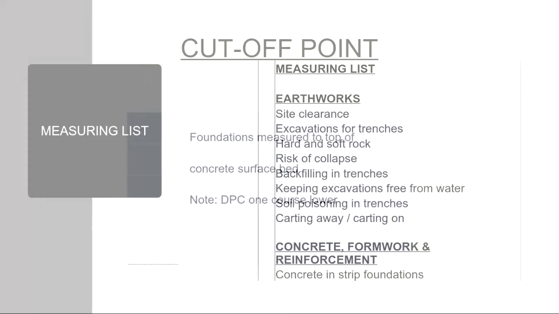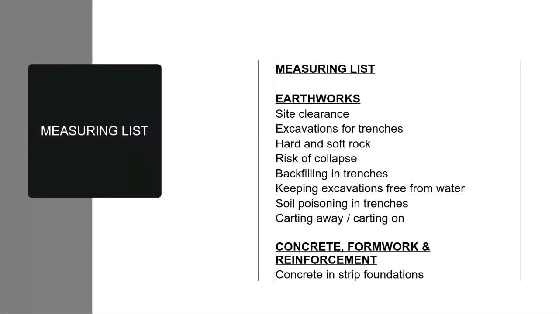Right. The second bit of our planning that comes out of studying our drawings is our measuring list. Now, you can compare this measuring list to the previous measuring list, and you will see that it is very much the same, except that now we have soil poisoning over here that we didn't have in the previous example. The previous example was a screen wall that is out in the open and exposed to the elements.